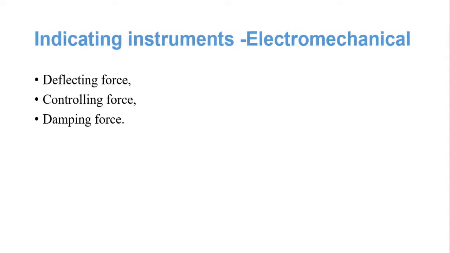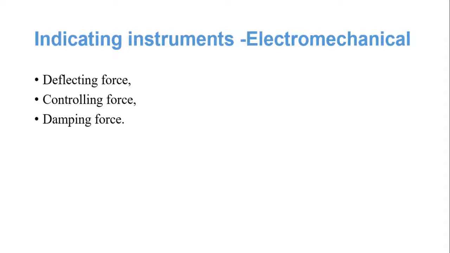With the motion of electrons, mechanical movement in the instrument will occur. That is what we call electromechanical instruments. So these three torques are deflecting torque or deflecting force, controlling torque or controlling force, and damping torque or damping force. The first is the deflecting torque.